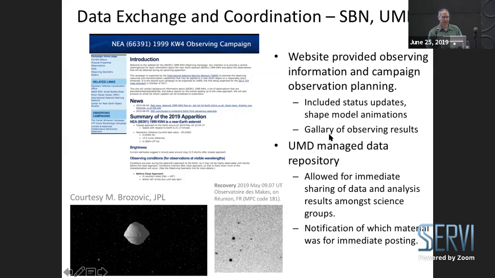And then we also set up a data repository for sharing of data across science groups and facilitate rapid analysis of those data that are obtained. It also provides current information about the targets.